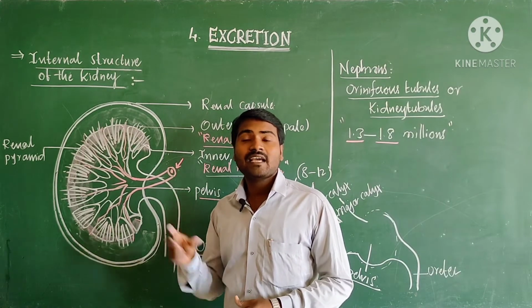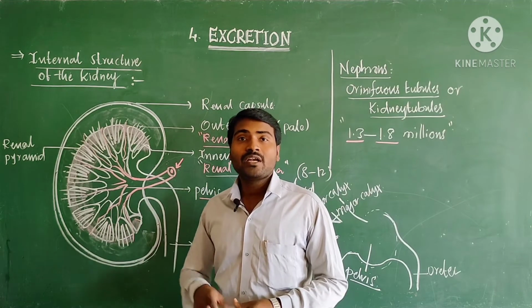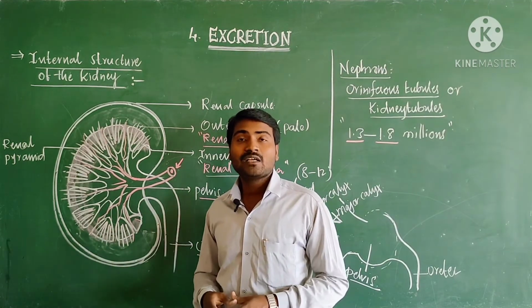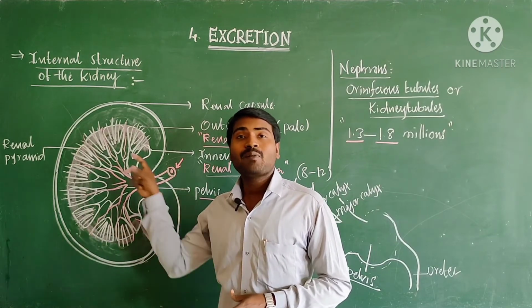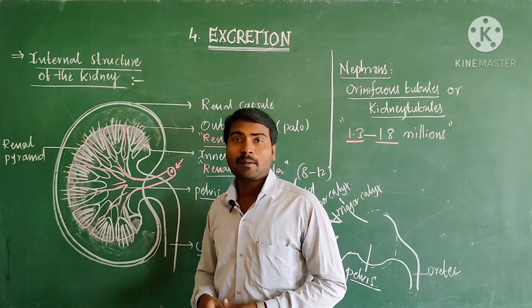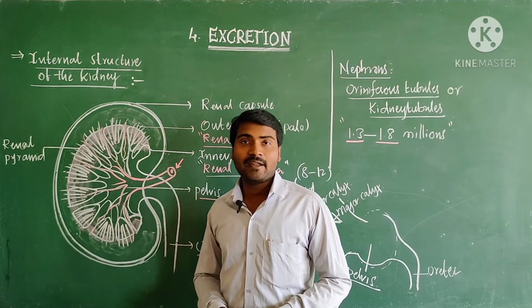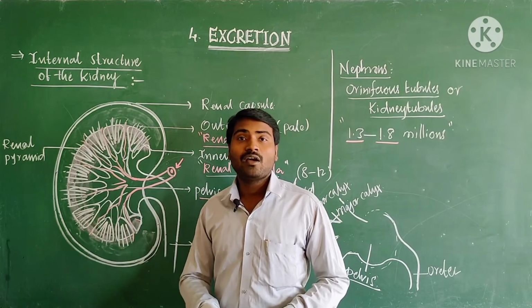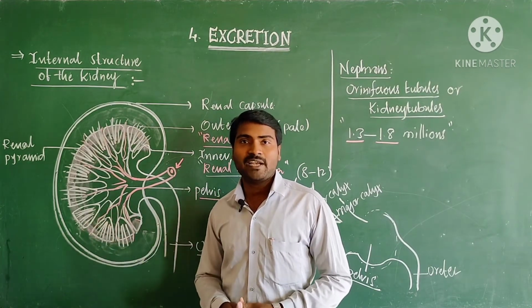Likewise, the artery divides into arterioles, and arterioles further divide into capillaries, which supply blood to each and every nephron. So every nephron receives blood from the renal artery. Which type of blood enters? Oxygenated blood loaded with nitrogenous waste materials.